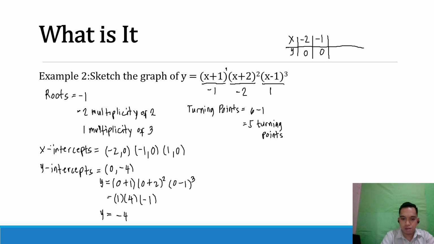Then, sa gitna naman yung ating y-intercept. So, 0 yung kasunod ng negative 1, di ba? So, dito naman ang negative 4. Then, next is 1, then 0. Okay? So, i-plot na natin yung mga points natin sa ating Cartesian plane para mabuo na natin yung ating graph.